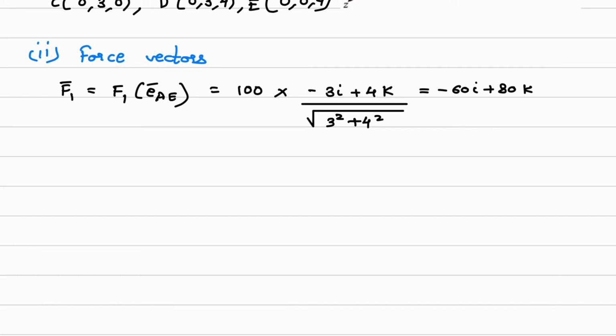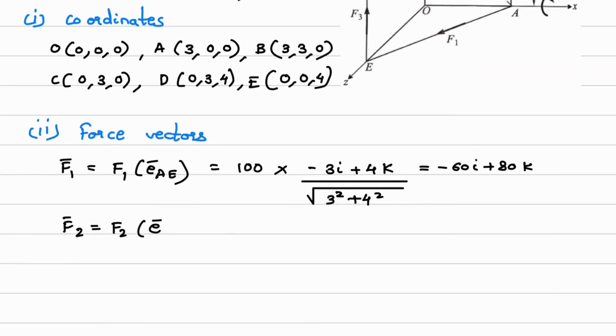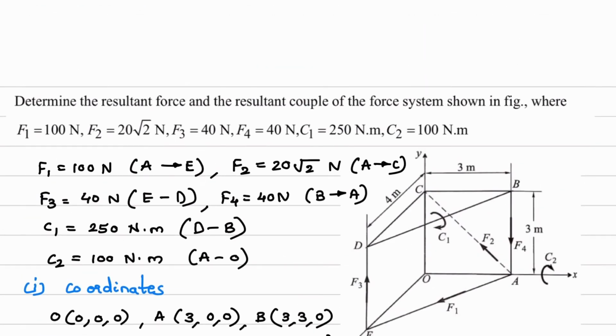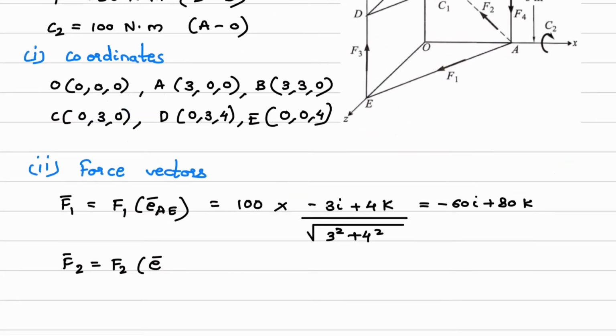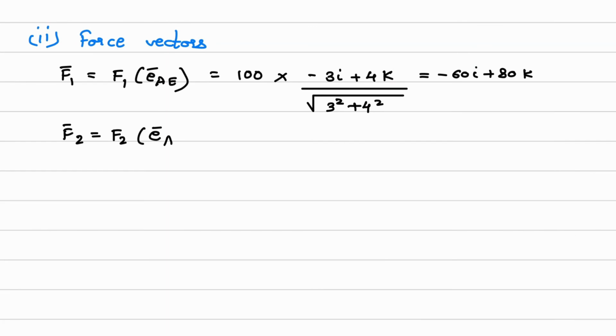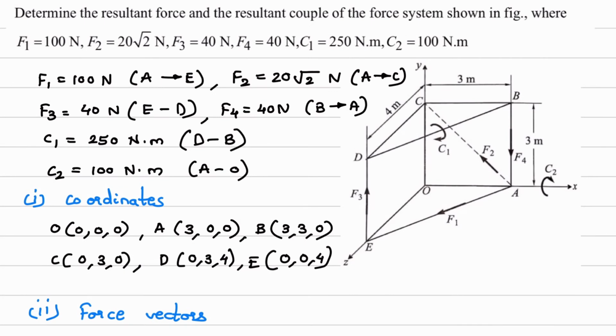Second, force vector F2 bar is equal to F2 into unit vector. What is the unit vector for force 2? It is from A to C. The F2 value is 20 under root 2, and AC will be C minus A. C is this one and A is this one.